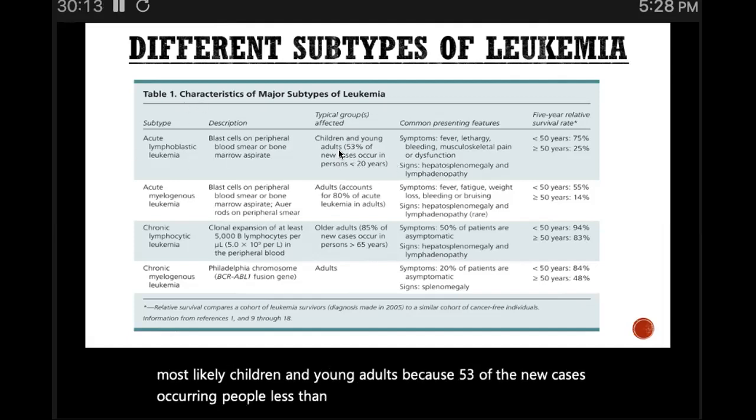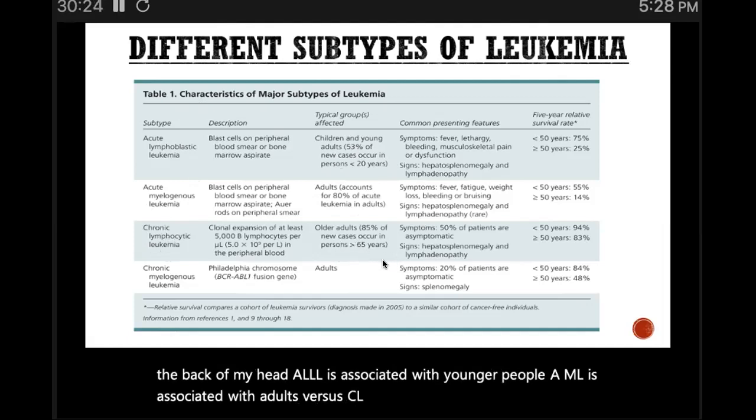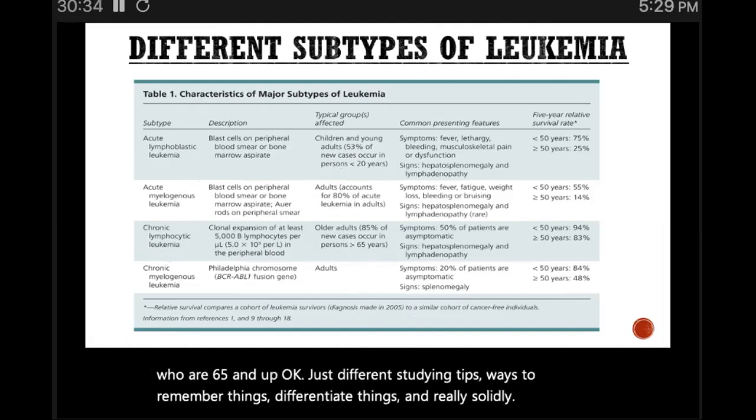So I'm just going to put that in the back of my head. ALL is associated with younger people. AML is associated with adults, versus CLL is associated with adults who are 65 and up. Okay. Just different studying tips, ways to remember things, differentiate things, and really solidly retain this information.